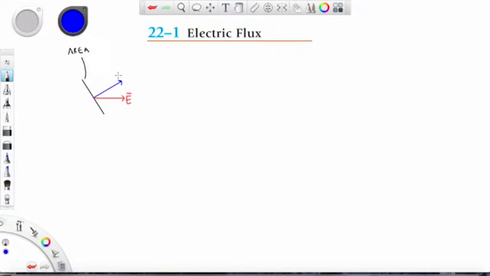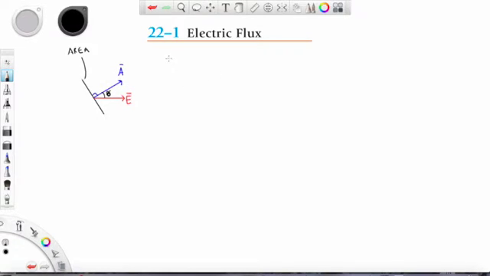This is called A. It's perpendicular to the area that we are investigating, and its magnitude is the actual value of the area. In general, there's an angle between these two directions called theta.